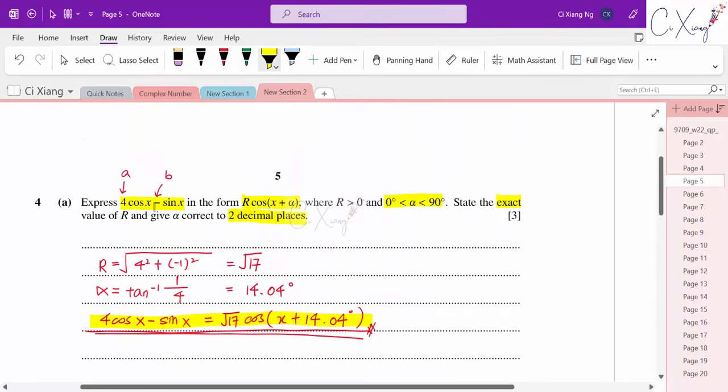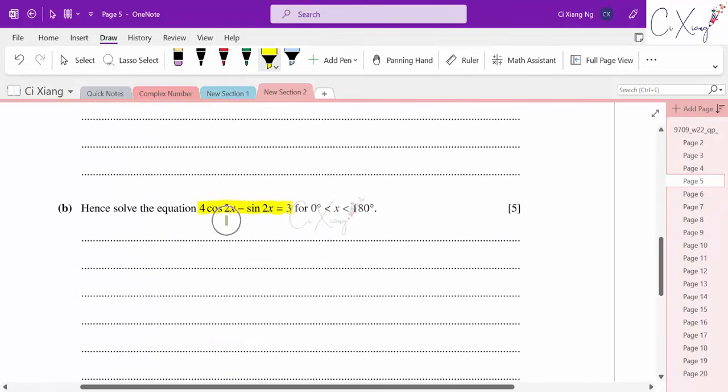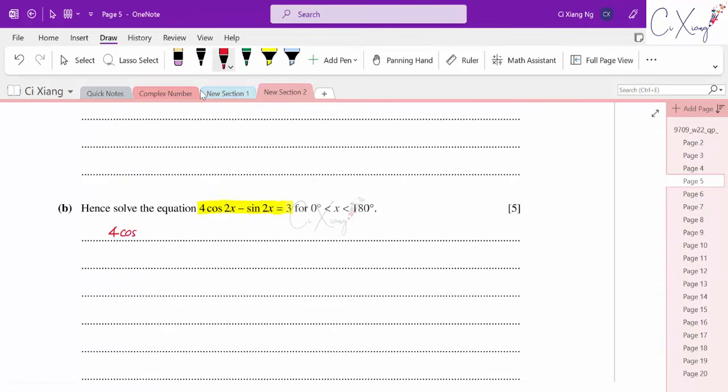It is having the same pattern here, just that the x in part number A, they have changed it to 2x in part number B. Therefore, to solve this equation, I can use the result that I got in the first part.